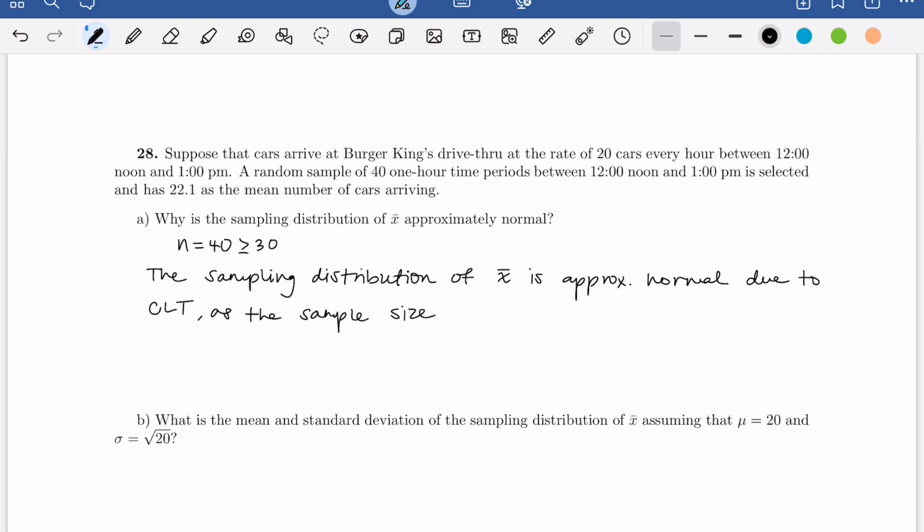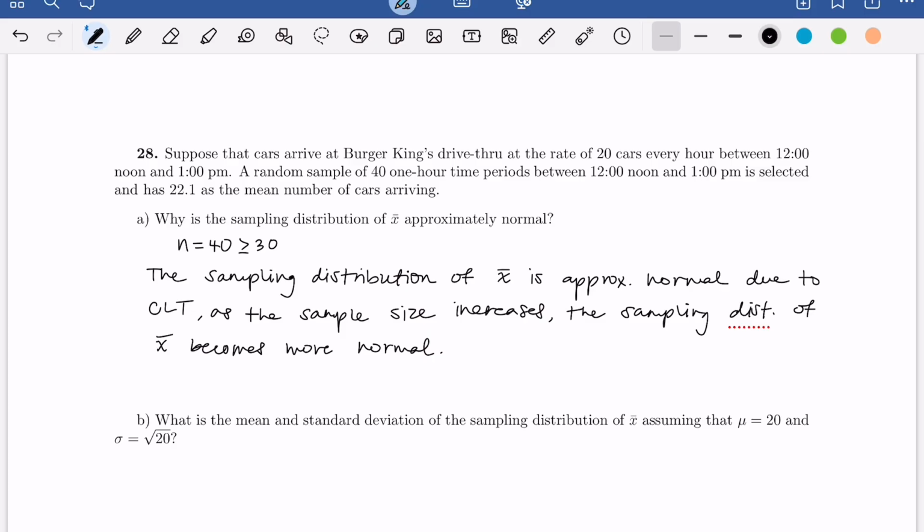As the sample size increases, we know that the sampling distribution of the mean becomes more normal.